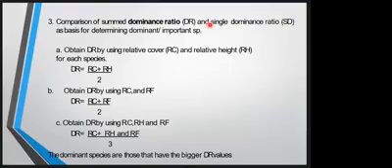So after that, computing those formulas, you also have to compare the sum dominance ratio and single dominance ratio as basis for determining dominant or important species. So by knowing the sum of this particular formula, then definitely makita nimo kung kinsay dominant dara na species.